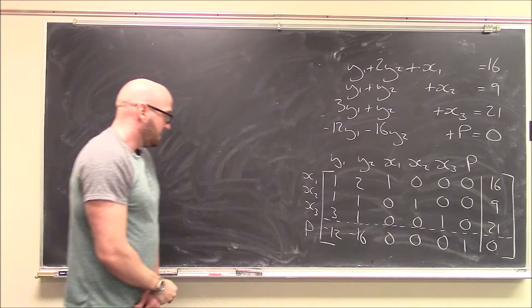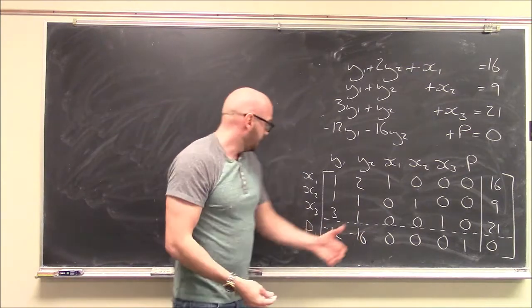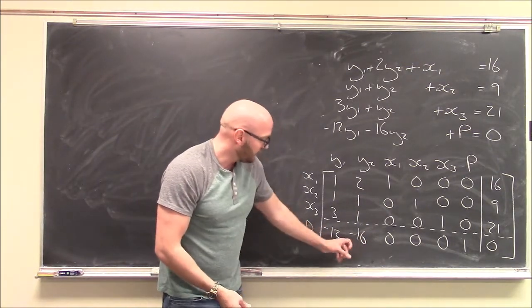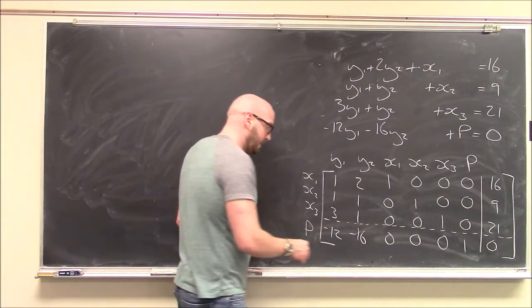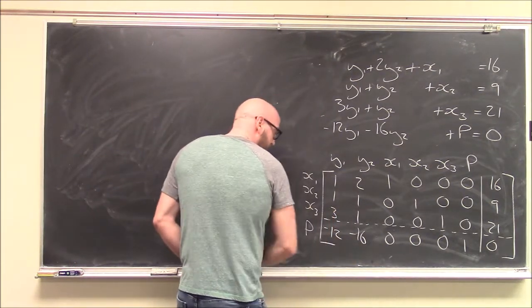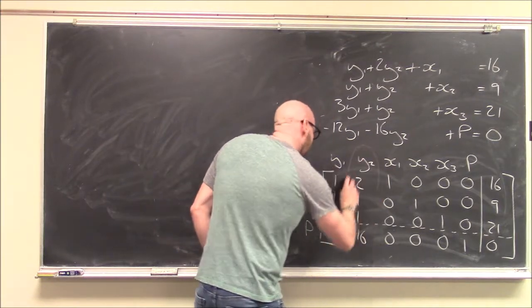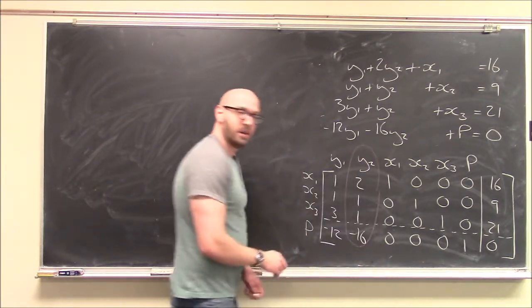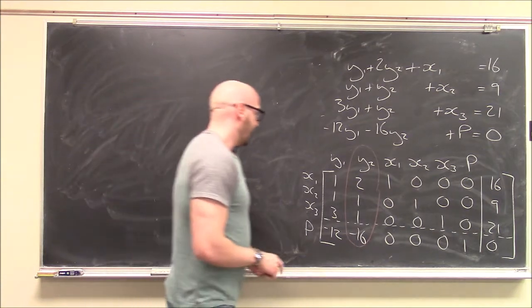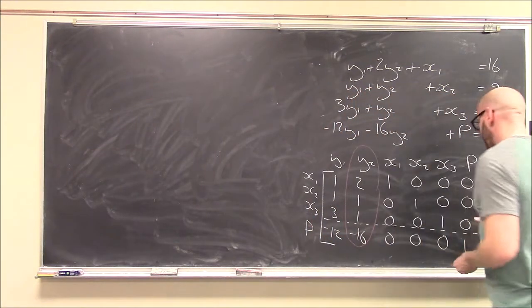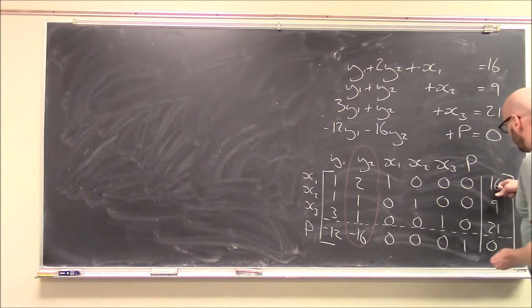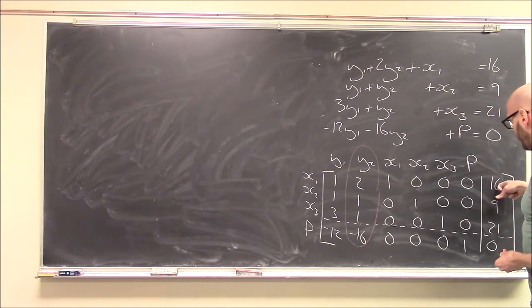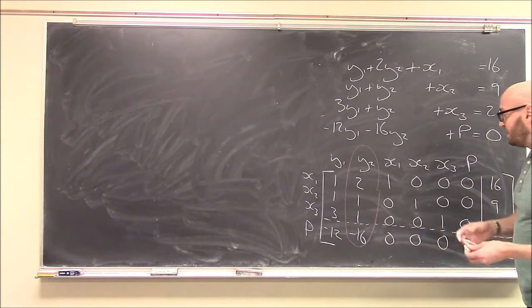Now what do? Well, we go through the simplex method. So I look at my bottom row here, I choose the most negative value, the one furthest away from 0, which is minus 16. This is my pivot column. And I look at these numbers and I divide them into the constant for their corresponding row, and I choose the smallest one.